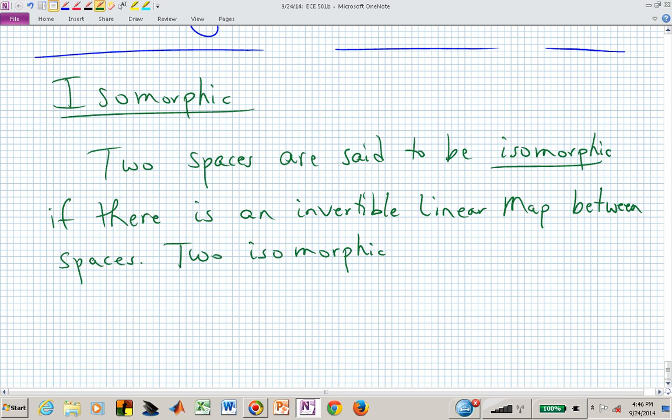And two isomorphic vector spaces actually have the same properties.